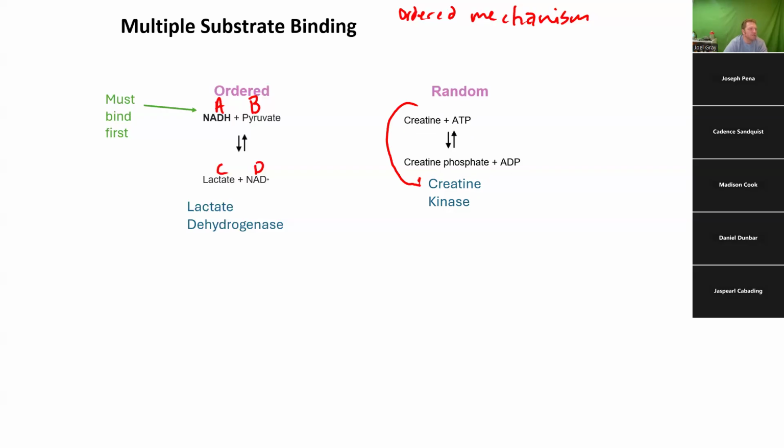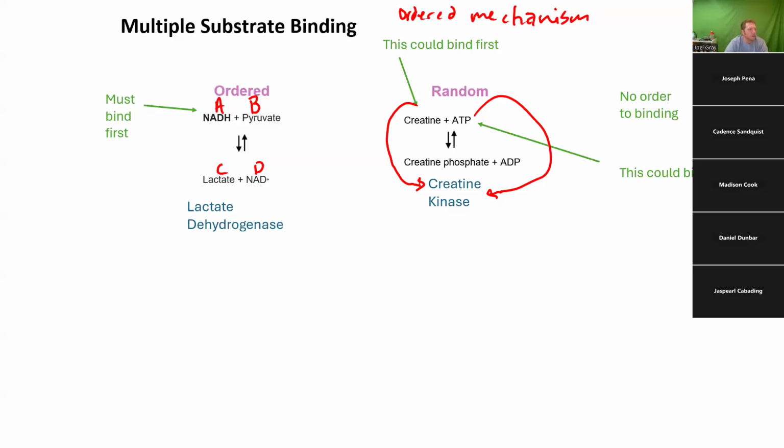Creatine can bind creatine kinase first, and then ATP will bind, or ATP will bind, and then creatine will bind. In either case, creatine phosphate and ADP are going to be produced. The sequence in which those are produced also does not matter. So no order is actually required.